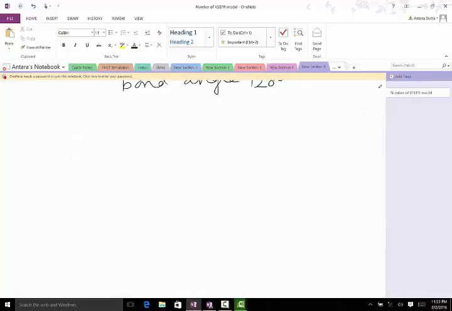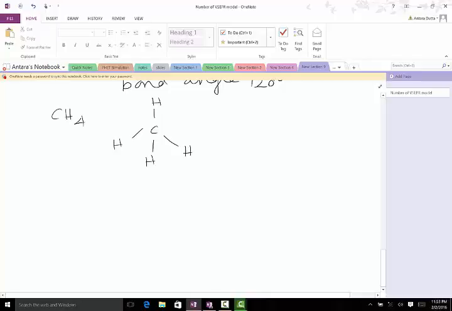Coming back to the next example, let's say we have methane. Methane has 4 electron groups according to the Lewis dot structure. Total 4 plus 4, 8 electrons, and surrounding carbon we have 8 electrons.